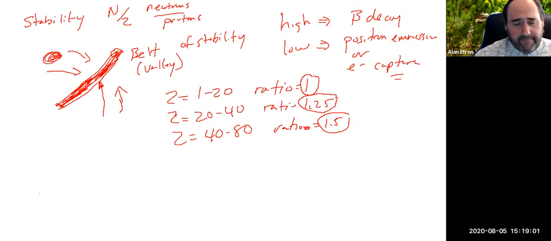There's also some things like magic numbers, which are basically adding up nucleons. When we talk about nucleons, that is basically what's found in the nucleus. That's our protons and our neutrons.